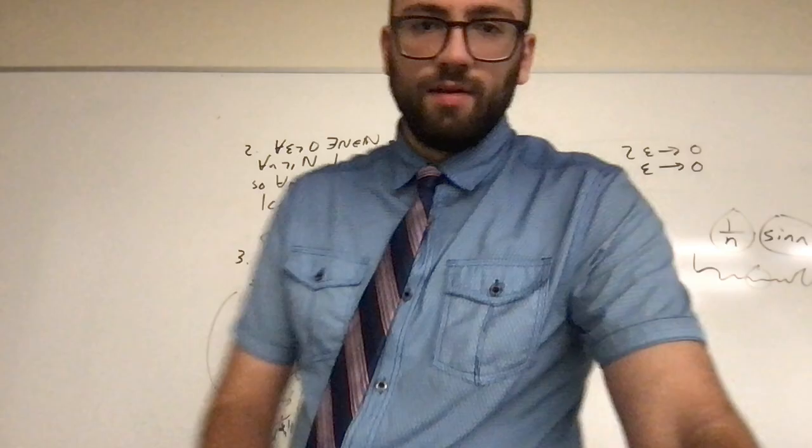So, for example, maybe epsilon is some value, this is a, and these dots represent my sequence x_n. Maybe the big N value is here, so that after this big N value, every point that comes after it is going to be within epsilon of that limit.